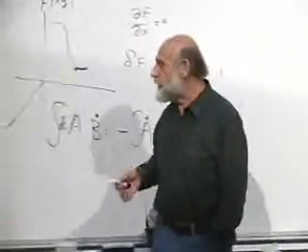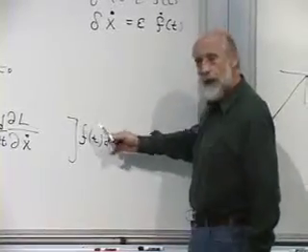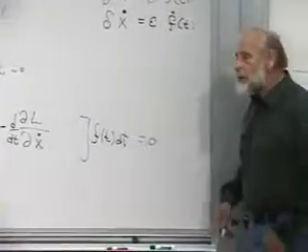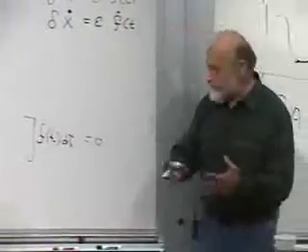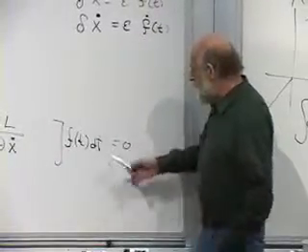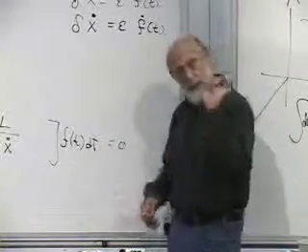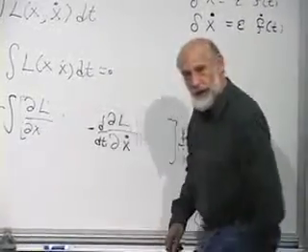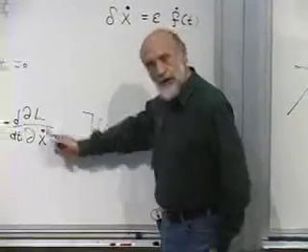Well, if you think about it a little while, you realize the only way an integral like this can be 0 for all possible f of t is for the thing that it multiplies to be 0. Supposing the thing that it multiplied here was not equal to 0 at some time, then we could choose a function of time f of t that was narrowly concentrated near the place where we knew the thing in the brackets was not equal to 0, concentrated only in that region, and we would get something not equal to 0.